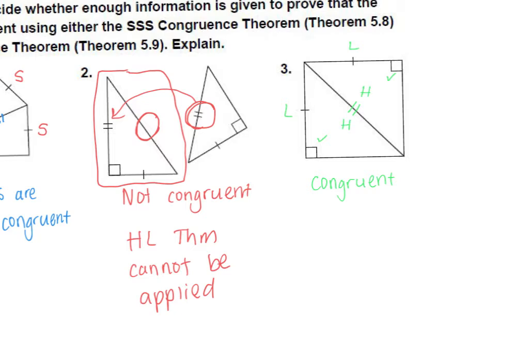We have sufficient information to say that we can apply the HL theorem. Because we have a hypotenuse that's congruent to another hypotenuse and two legs that are congruent. Okay, good. Questions on number 3, guys?